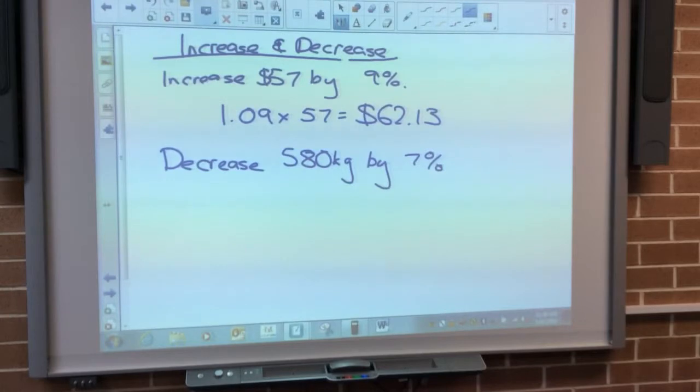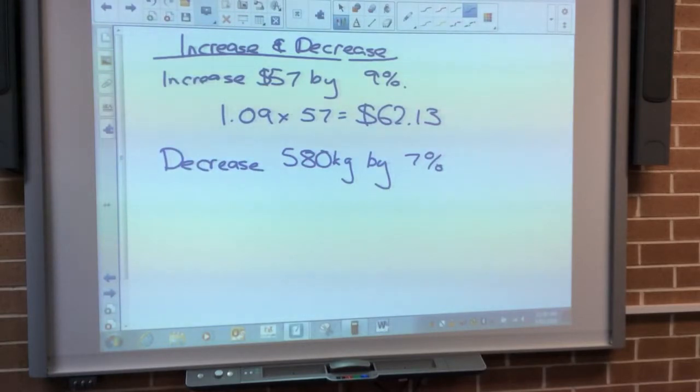Because it's 7 less than 100. We know we want 7% less than the full amount. The full amount is always 100%. Okay, so 7% less than 100 will be 93%. So the quickest way to do this question is to straight away just find 93% of it. The slow way is to find 7%, and once you've got your answer, subtract it off.